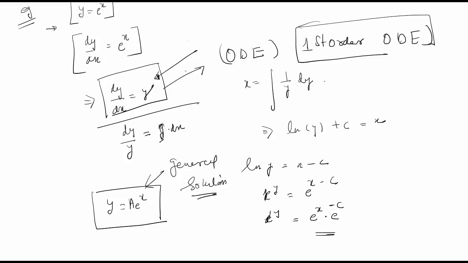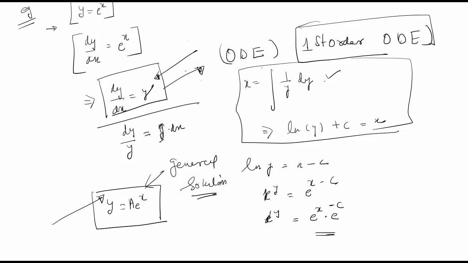So there is only one unknown variable, and you are separating it and integrating it with respect to the unknown variable to find out my general solution.